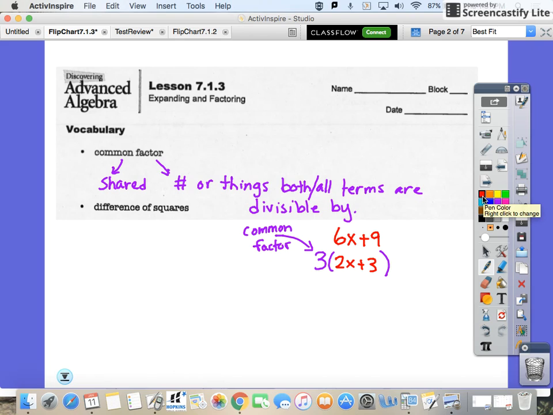The other thing, we've already discussed difference of squares, but difference of squares is basically two factors that create a zero middle term.